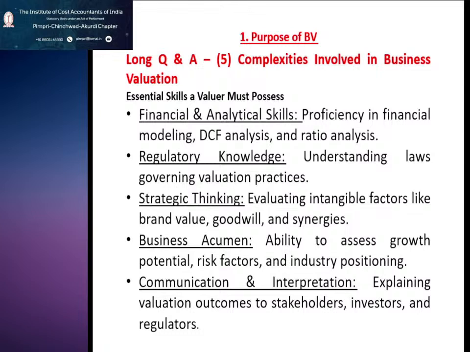And communication and interpretation of a valuer should be good, so soft skills are important, explaining valuation outcomes to stakeholders, investors and regulators.